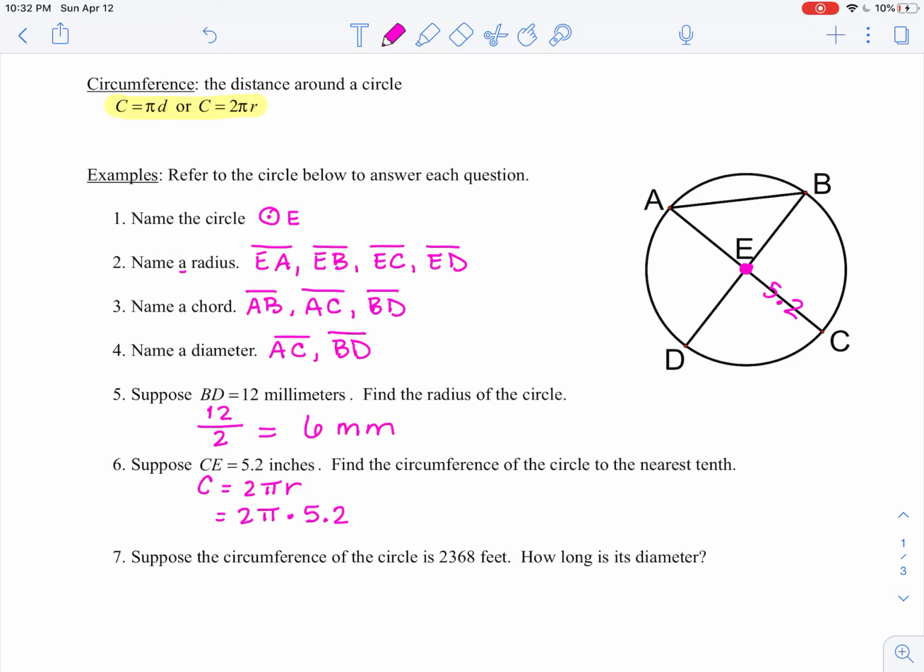When you type that into your calculator, please use the pi button. It gives you the most accurate answer. We're going to do that throughout this chapter. So when I type in 2 times pi times 5.2, the circumference is about 32.7, and this one is measured in inches.